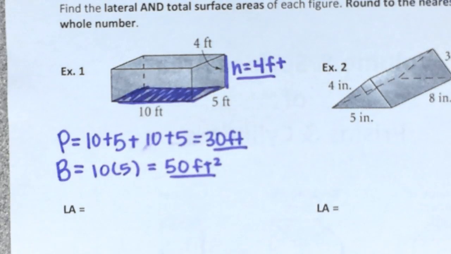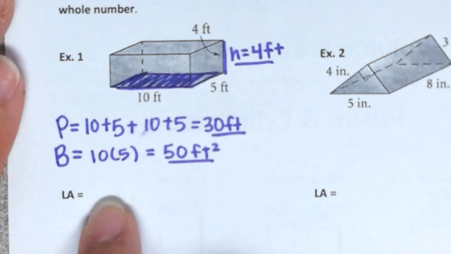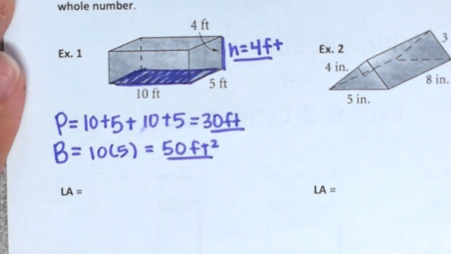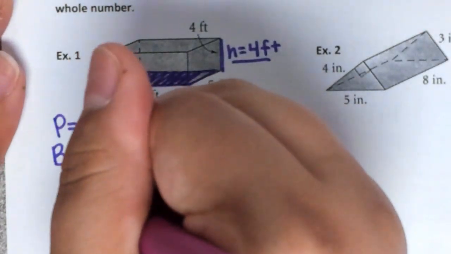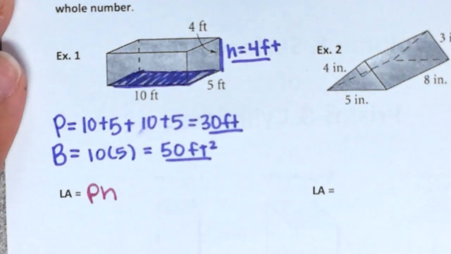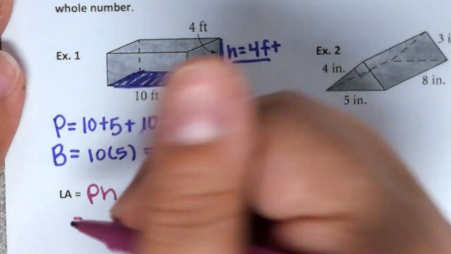Now you just need to write down the formula, plug it in, give me an answer. Every time. Write the formula, plug it in, give me an answer. All right? So what is my lateral surface area? What was the formula for lateral surface area? Perimeter times height. Write the formula down. Plug in what you know.